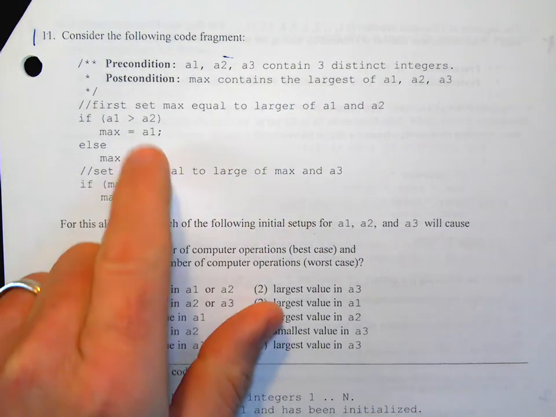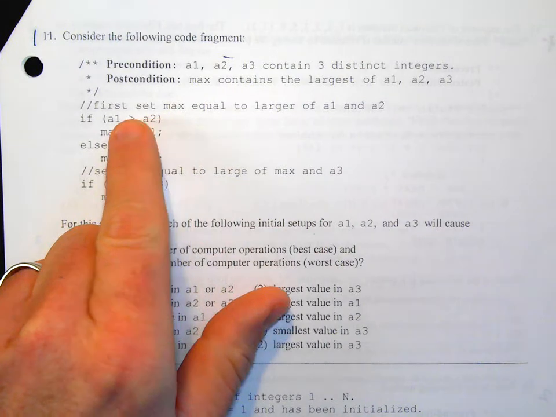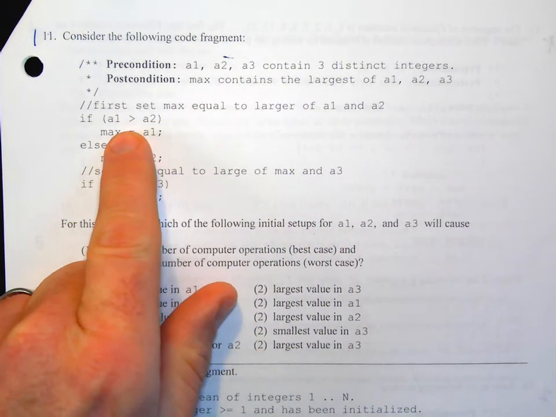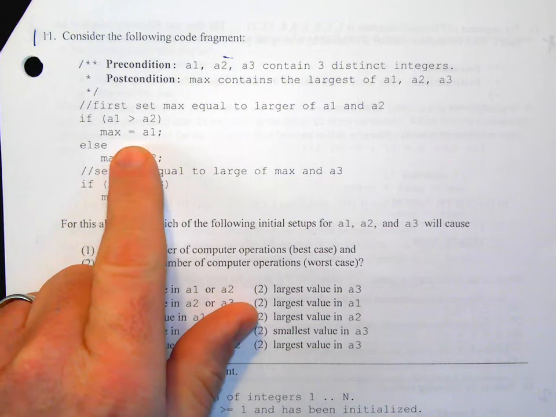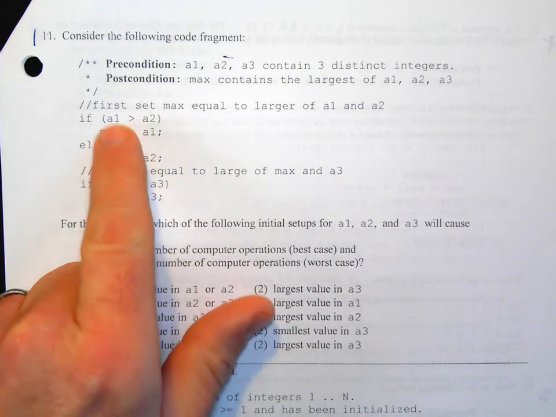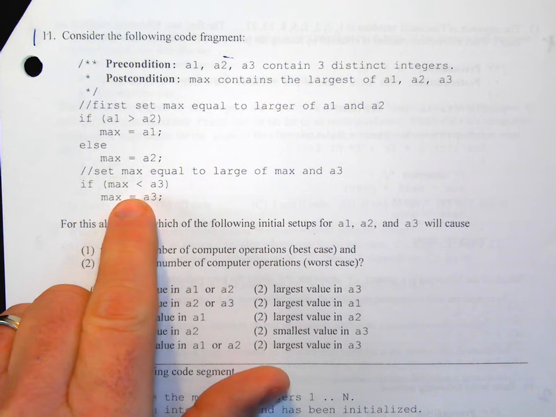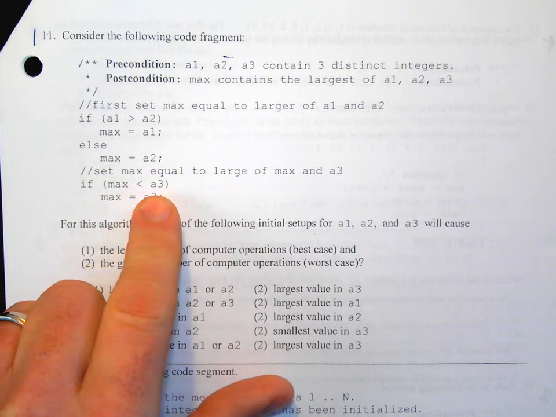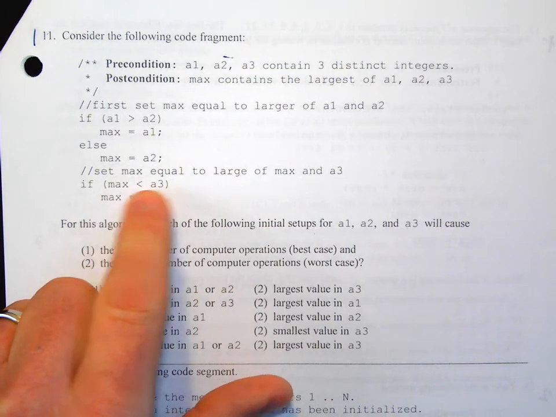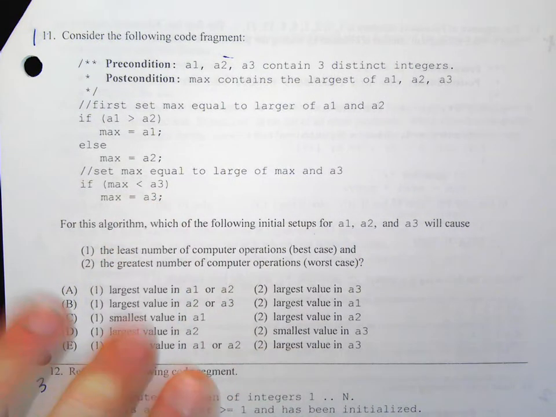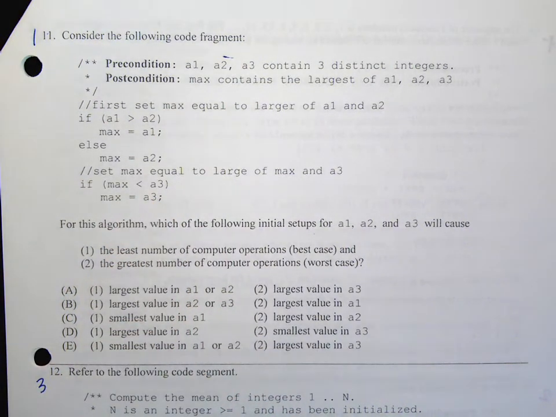And so this is a comment. First set max equal to the larger of a1, a2. So we look for the max of a1, a2 and set that to max. If a1 is bigger than a2, it's the max. Otherwise, a2 is the max. And then we compare that max to the third number. If it's lower than a3, then the max is updated to a3. If it's not, we don't need to do anything because max is what it's supposed to be.